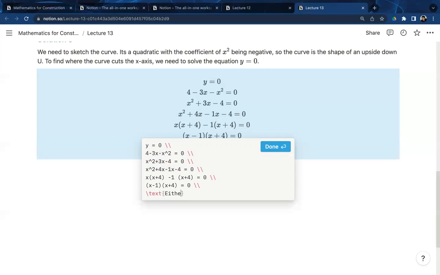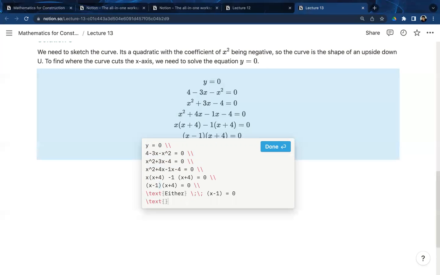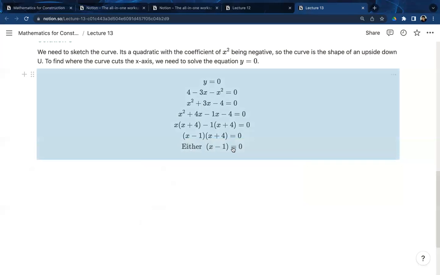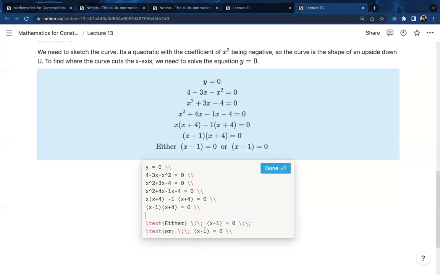So you say either one bracket is 0, okay?